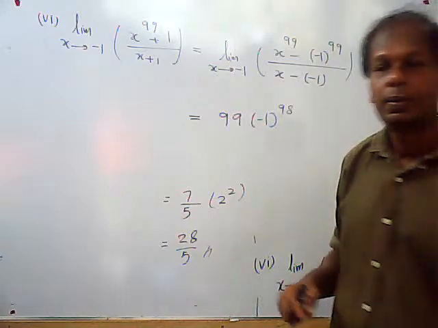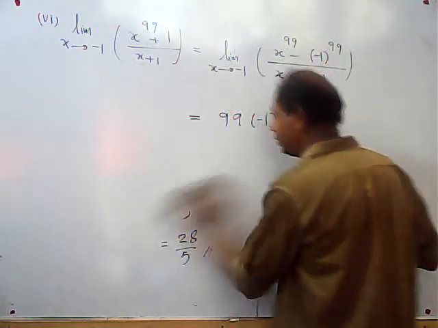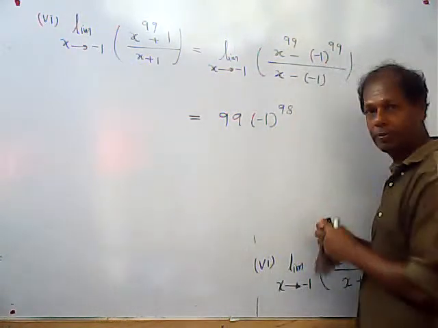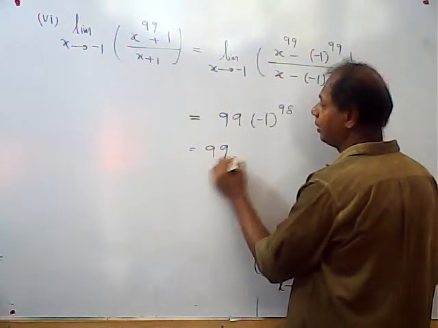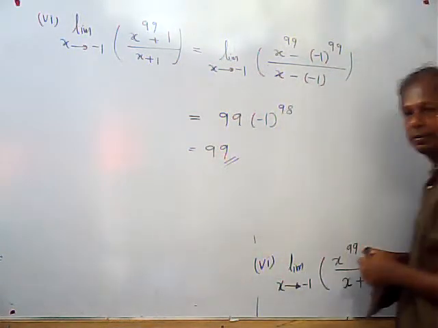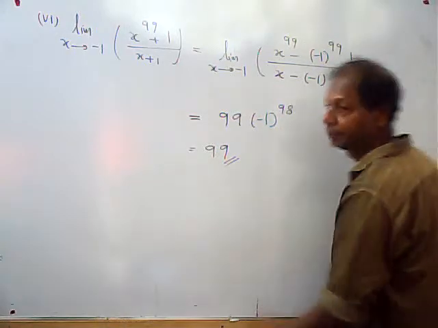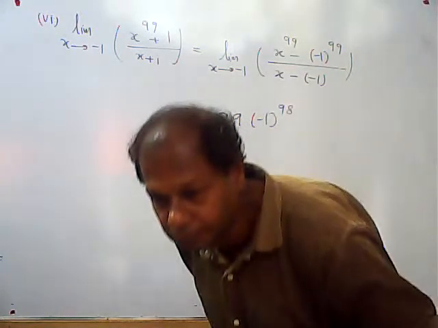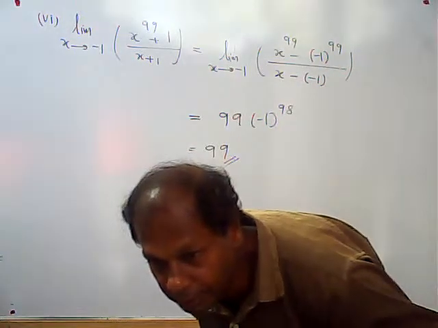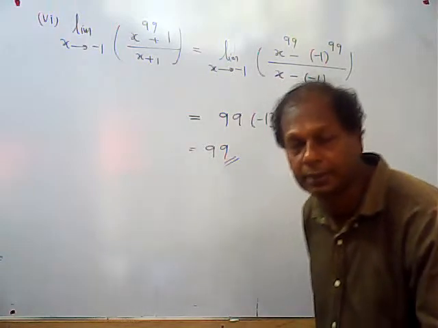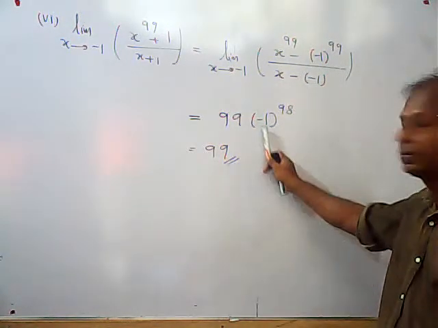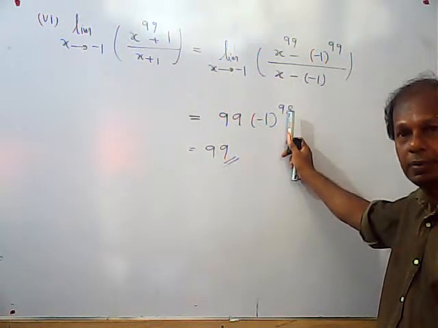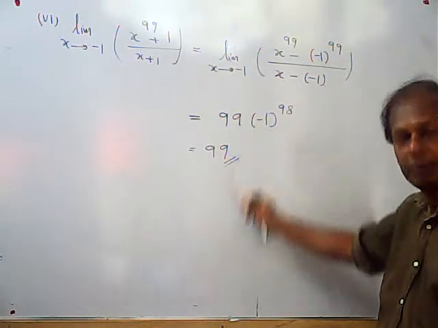Minus 1 to the power some even power is plus 1. Plus 1 into 99. So finally the answer is 99. 99 is correct. Not minus 99. It has to be plus 99. Minus 1 to the power 98 is plus 1, into 99. It has to be plus 99.